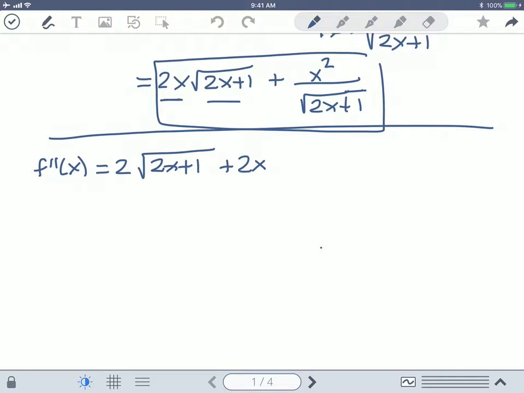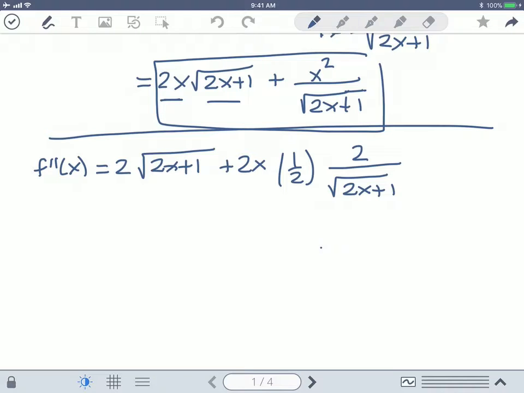It's going to be 1/2 times that to the negative 1/2, so it's going to go down here. And then the derivative of the inside function, which is still another 2 up there. This is the same thing we did above, only that now the other factor is 2x and not x squared. Okay, so this is this part.